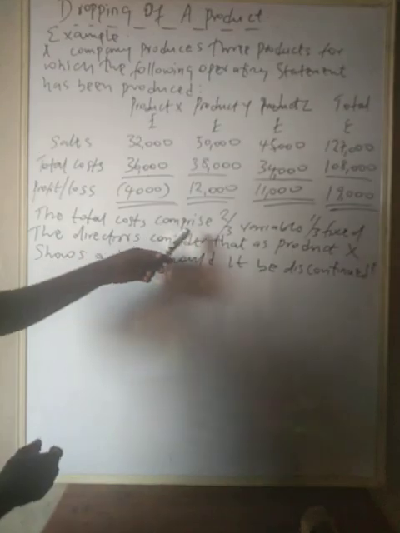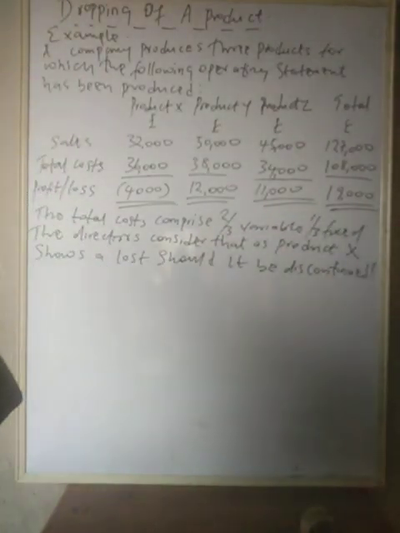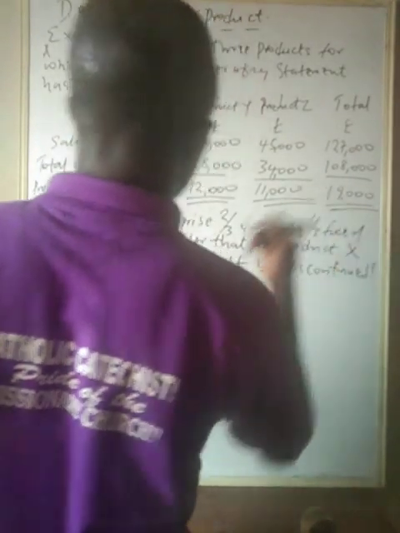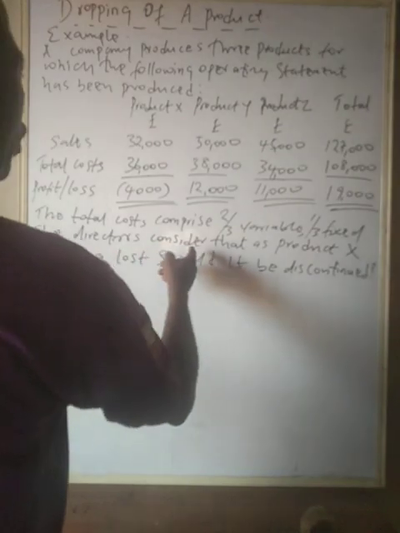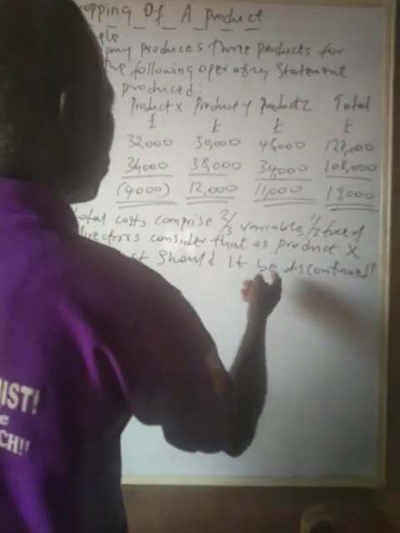The total cost comprised 2/3 variable and 1/3 fixed. The directors consider that as product X shows a loss, should it be discontinued?